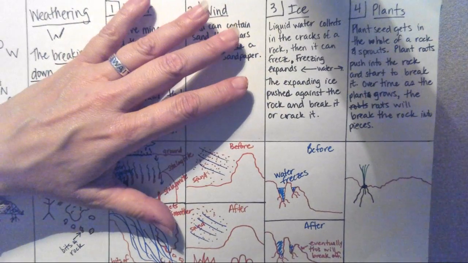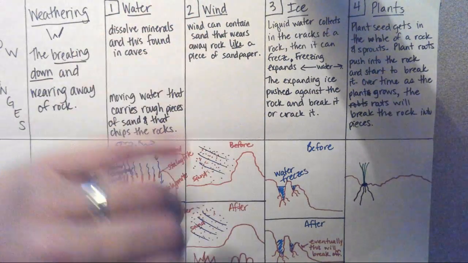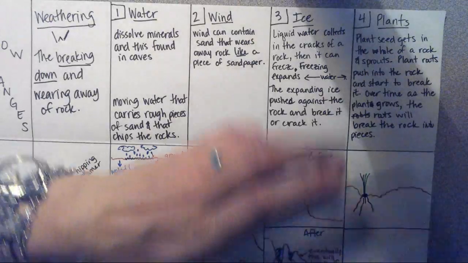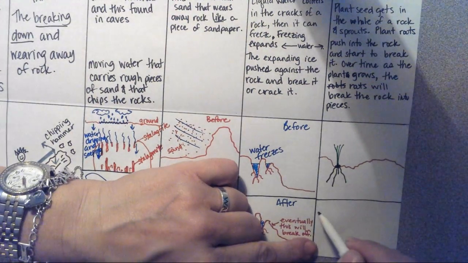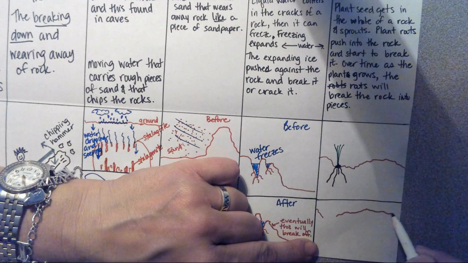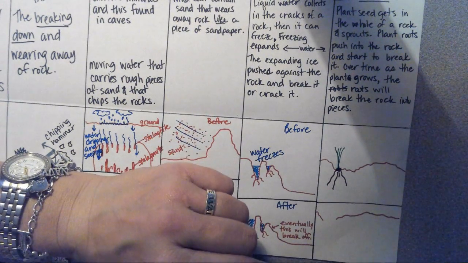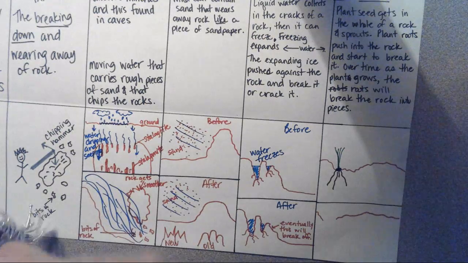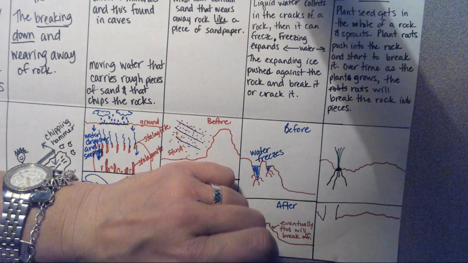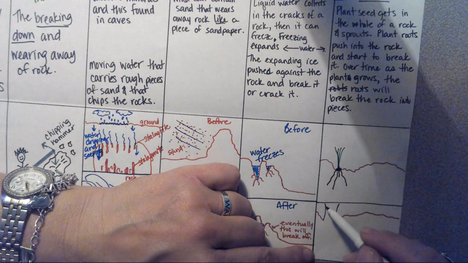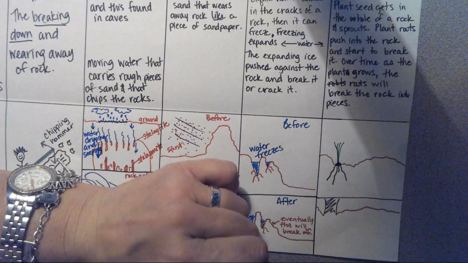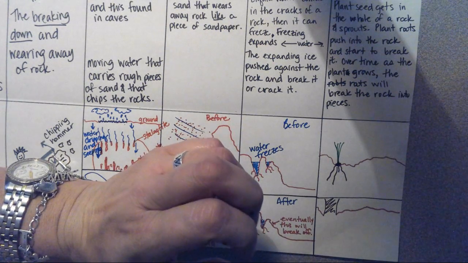But as it gets bigger, it kind of breaks this rock. So if this is a tree, this has a big old huge root system, right?